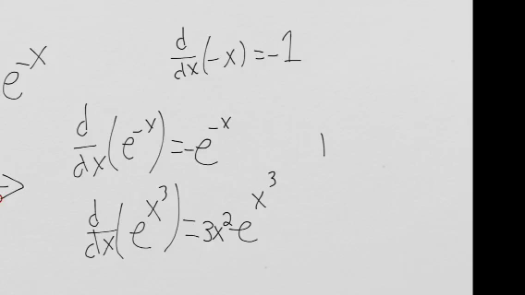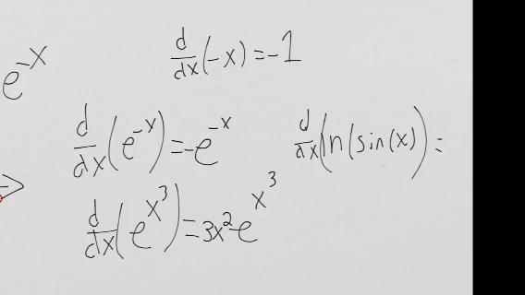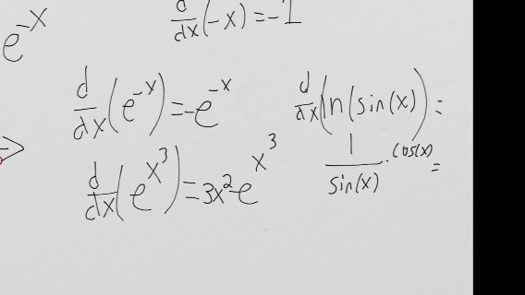Let's do that. We're going to take the derivative of this. Well, the derivative of natural log of blah is 1 over blah, multiplied by the derivative of blah, in this case, cosine. And what's cosine over sine? Well, that's just cotangent. So now we can find derivatives like this using our chain rule.